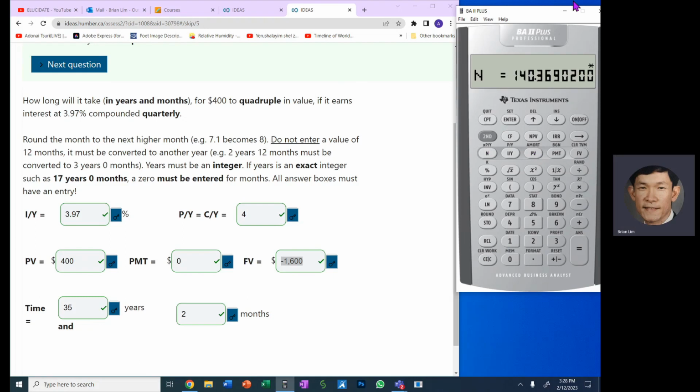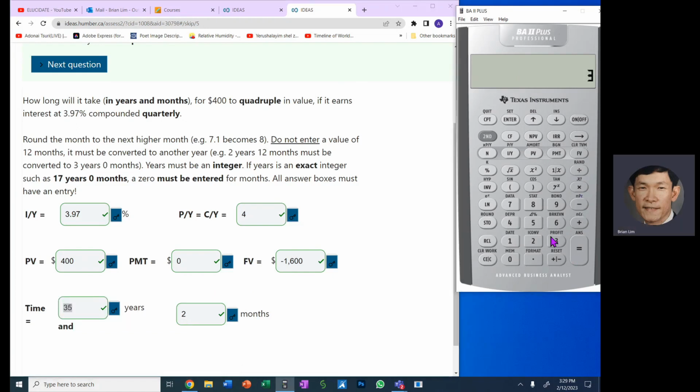Now you might be wondering, why aren't we rounding these? Let's say we did round it to 141 because you cannot go in between. If we were to go with 141 and we divide by 4, the PY value, there it goes, 35.25. Now the 35 is correct.